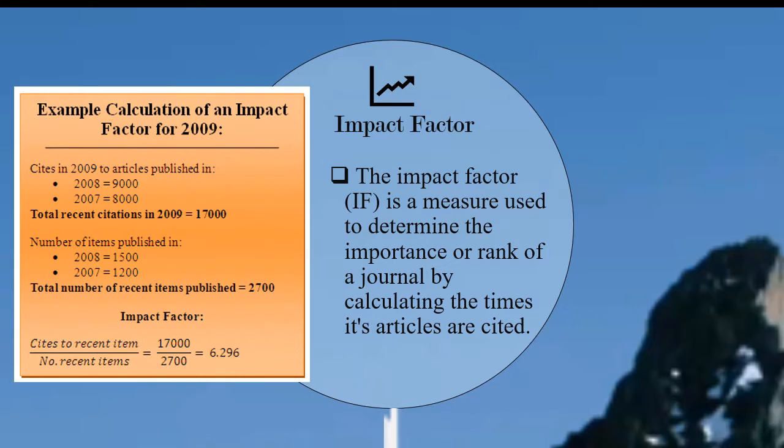So we divide the citations by the publications. 17,000 by 2,700, it gives 6.296. So for that particular journal in 2009, the impact factor is 6.296.